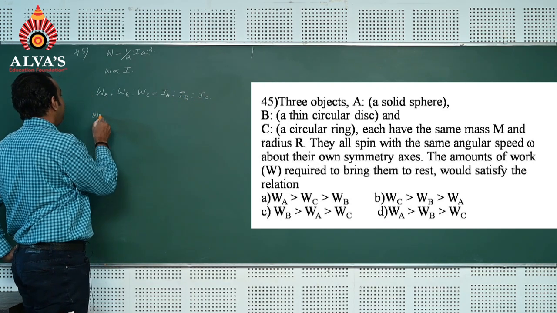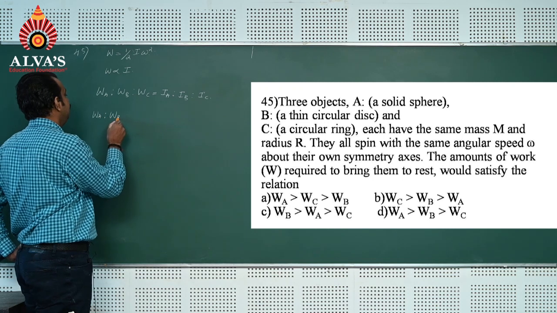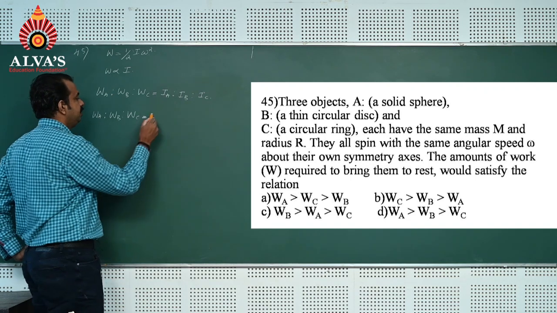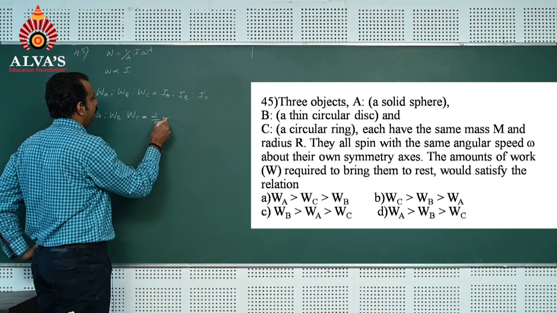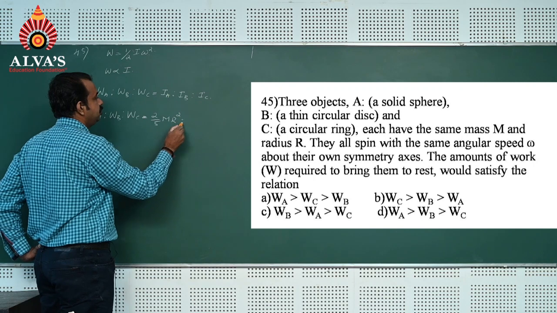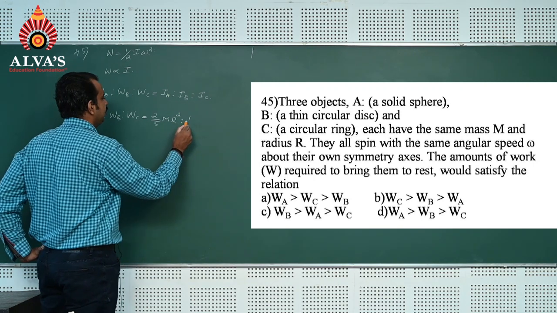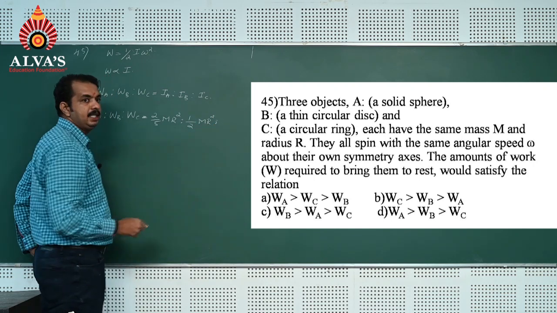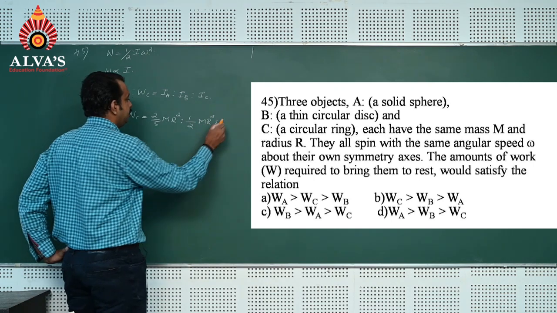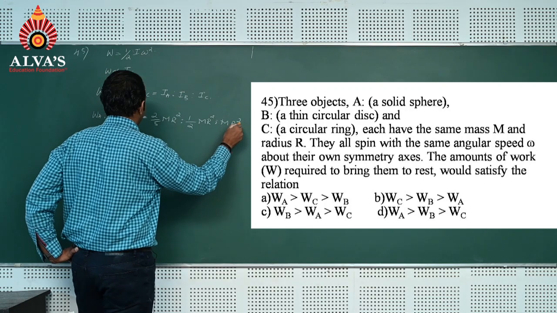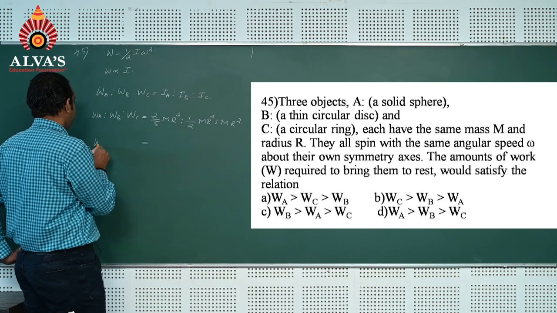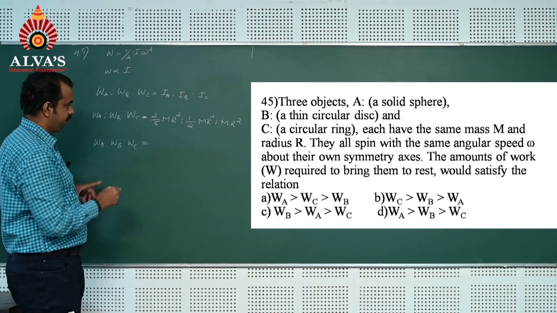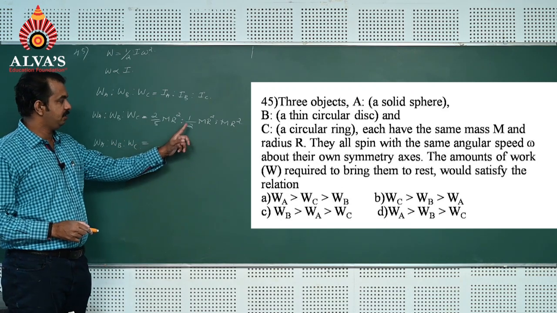That is WA is to WB is to WC is equal to IA, for the solid sphere 2 by 5 mr square, is to IB, circular disc, 1 by 2 mr square, is to IC, circular ring, mr square. We can take 10 as the LCM here.